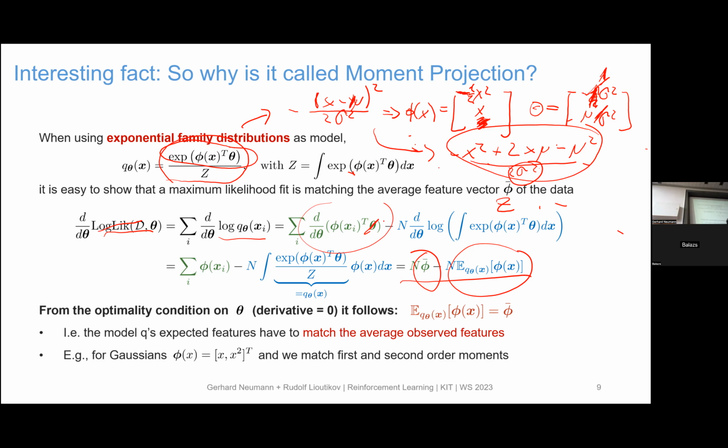Now the question is how easy that is to understand. Who can see how to go from here to here?